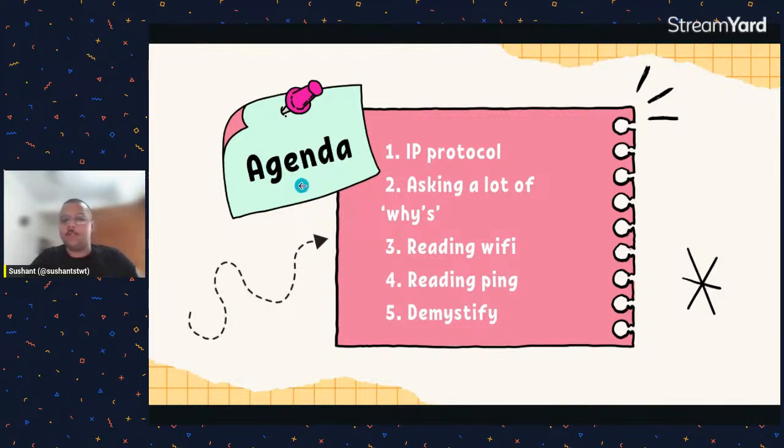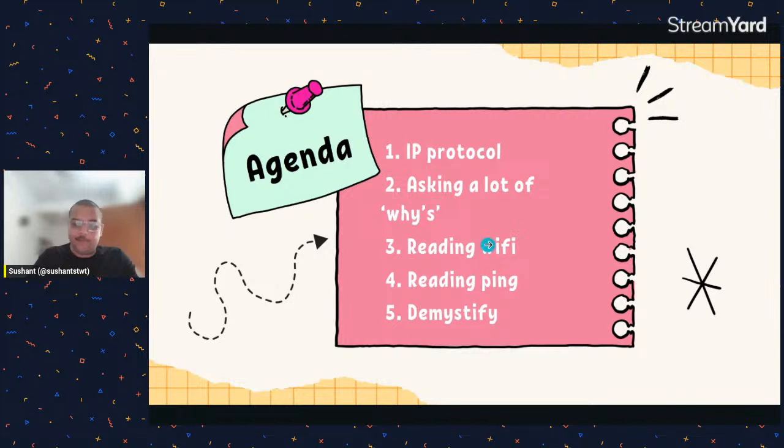So first of all, today's agenda is going to be: what is a protocol, and then asking a lot of whys. Why does an IP protocol exist? Why does a TCP protocol exist? Why does a UDP protocol exist? Why do all these protocols exist? Why are there so many protocols, why is there not one protocol?